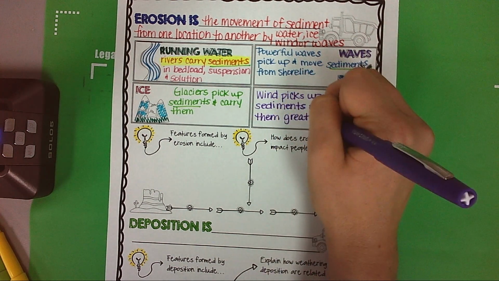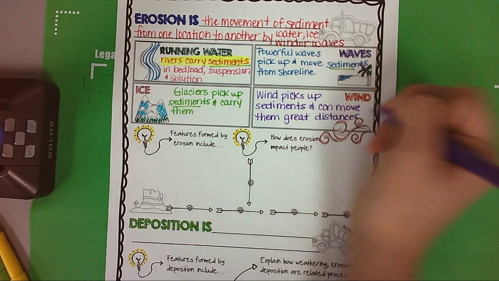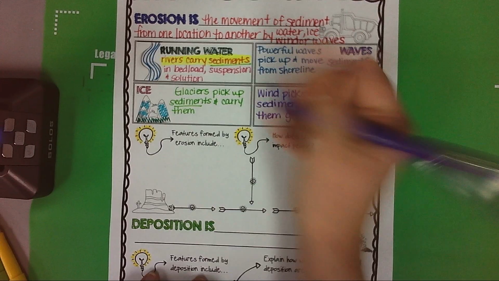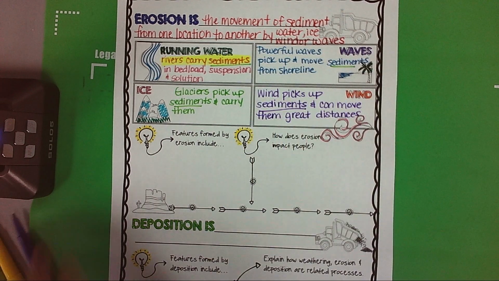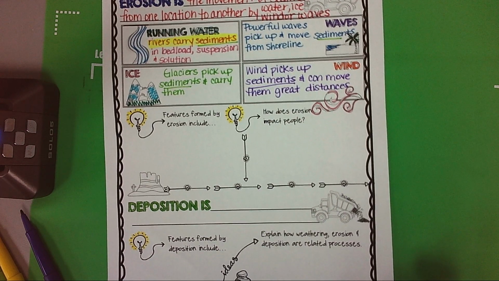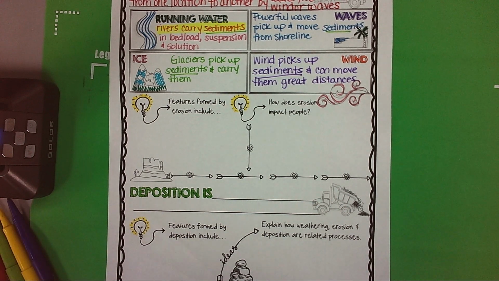From where the wind picks it up, the rocks can move far away from their original location. So once again, here's the key word, sediment. So we know that weathering happened before this because there were sediments that were moved. So erosion moves the rock, moves the sediment.